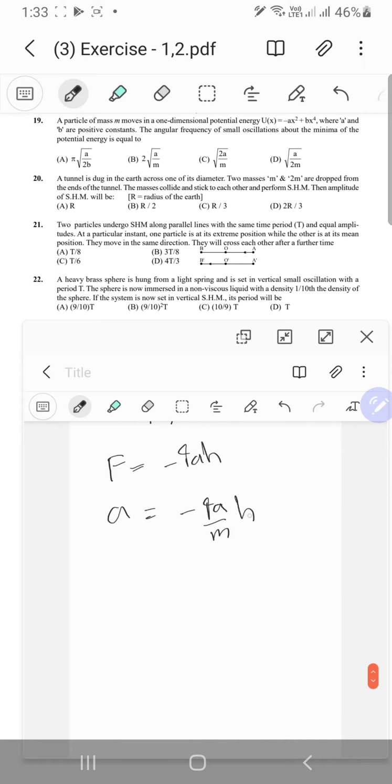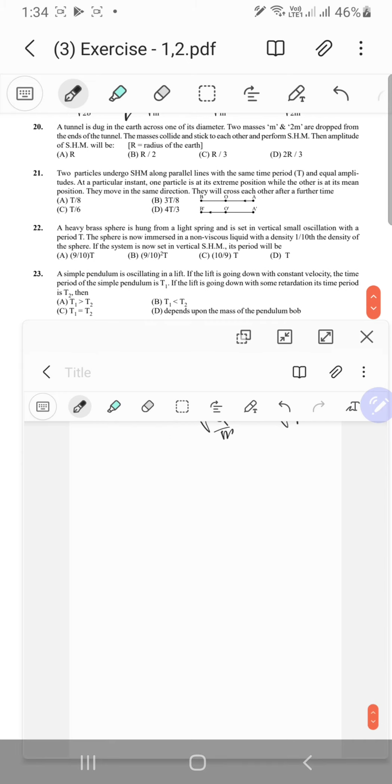That essentially gives us everything we need about the SHM. We need the angular frequency of small oscillations about the minimum of the potential energy, so omega squared equals 4a upon m. So omega is the square root of 4a upon m, which is 2 square root of a upon m.